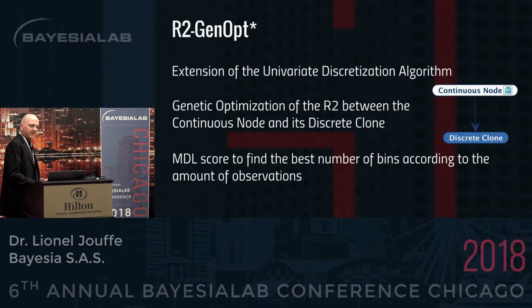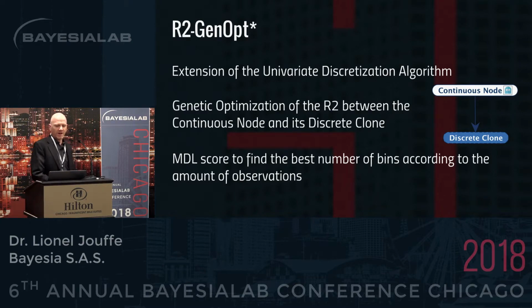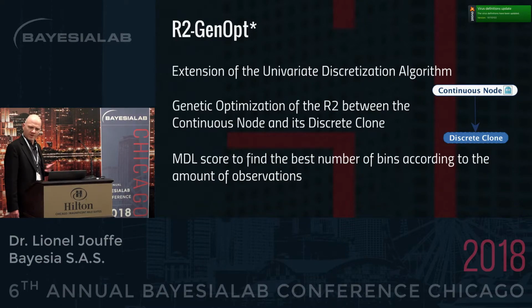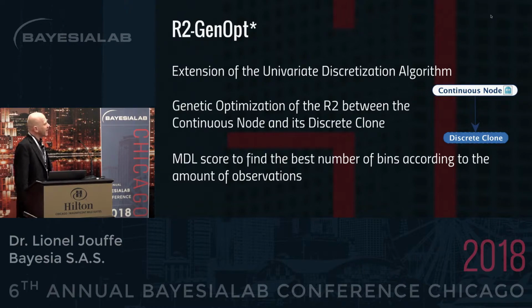What we did also, in the same kind of idea, to help you find the best number of bins, is to create a new algorithm. You remember we added R-squared genopt a few years ago. And we have just created a new version, R-squared genopt star. We are not lacking imagination, as you can see.